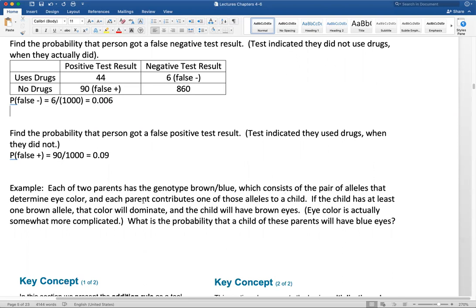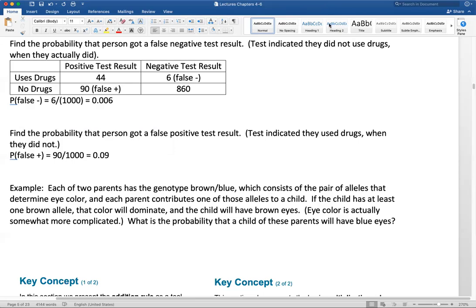If the child has at least one brown allele, then that color will dominate, and the child will have brown eyes. So eye color is actually somewhat more complicated, but we just made it simple. So what is the probability the child of these parents will have blue eyes?